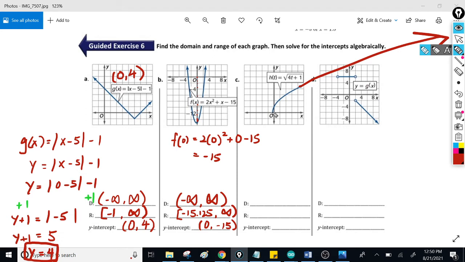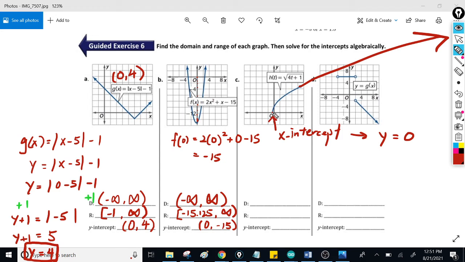So what you have to do is calculate it. This is the x-intercept. So x-intercept means when this line right here hits the x-axis. So that means y equals 0.